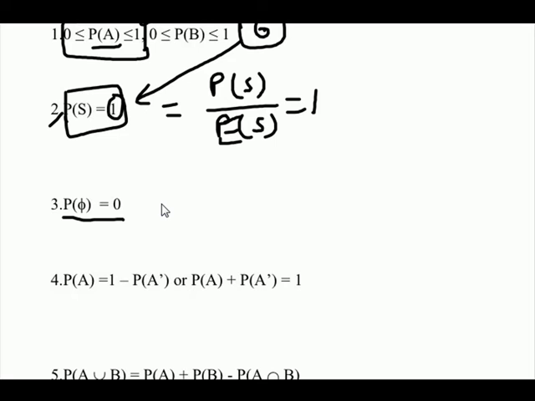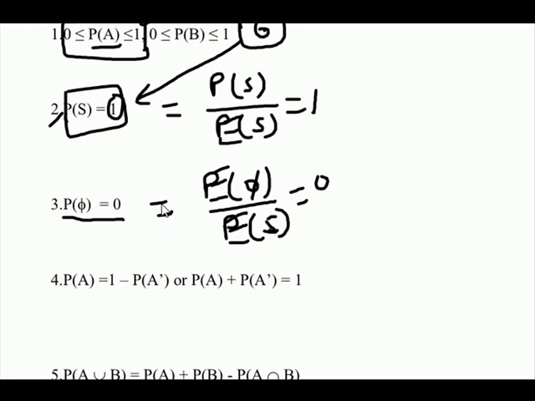So this is essentially saying that the probability of no event happening from this sample space S, the number of ways in which the null event can happen from a sample space S, is equal to 0.